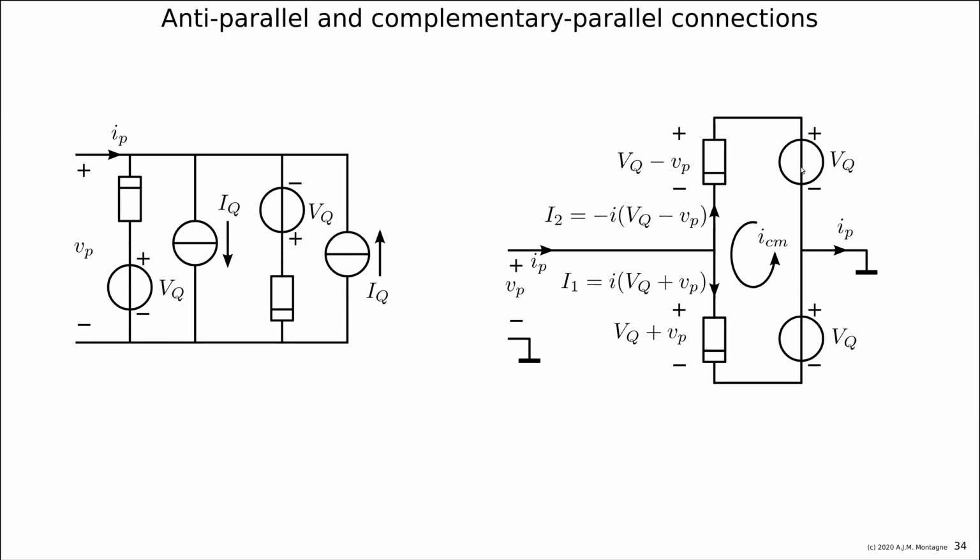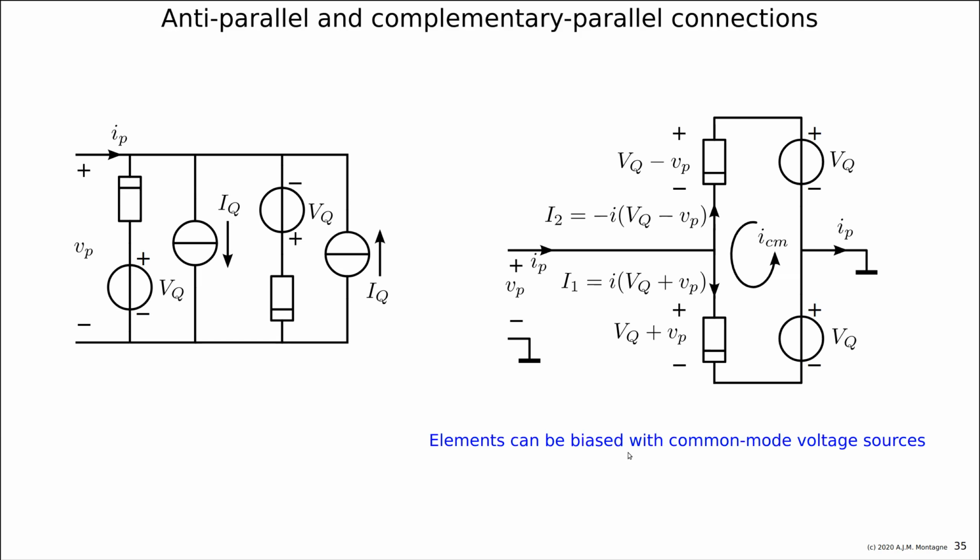And here you see the common mode current flows and is set by the bias voltages and the nonlinear VI characteristic of this element. And it cannot be observed at another place as a current through the power supply or a current through the thing, but externally you don't see it, of course, because that is what we call the differential mode quantity. This IP is differential mode, and ICM is a common mode current.